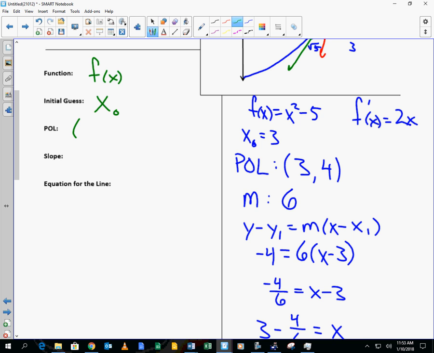Who can then tell me what our point on our line is? x sub 0 is the x value. f of x sub 0 is the y value. How do we find the slope? So that'll be f prime evaluated at x sub 0.